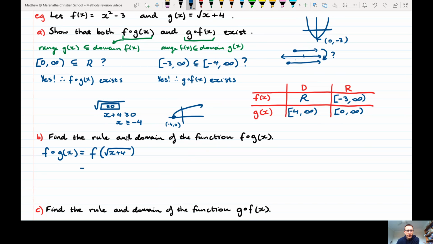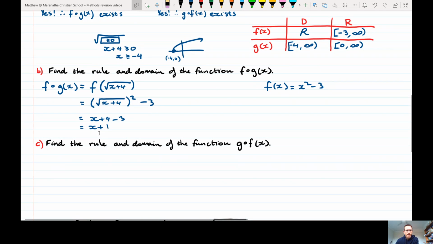Remember, this notation means wherever I say x in the original equation, which remember f of x was x squared minus 3, I'm going to replace it with square root x plus 4, squared, minus 3 at the end. Now square root squared just undoes the square root, so you're left with x plus 4 minus 3, which leaves you with x plus 1. So there's the rule for your function.